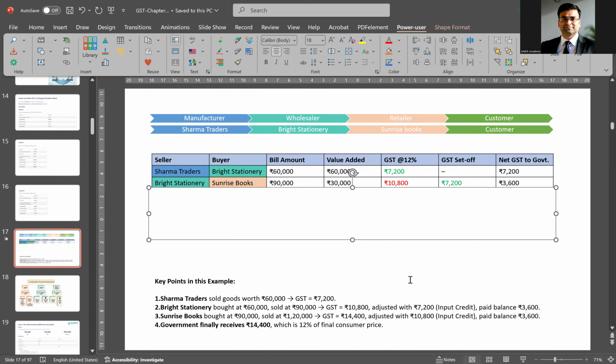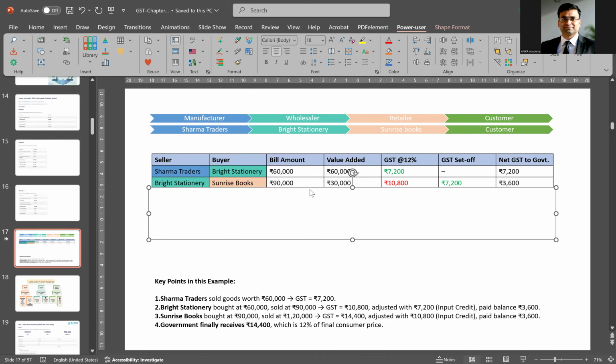But you see, Bright Stationery, while paying to Sharma Traders, has paid 67,200. That means it has already paid 7,200 rupees in the form of GST to Sharma Traders, and Sharma Traders in turn has deposited it in the government account, right? So Bright Stationery has already paid 7,200, right?